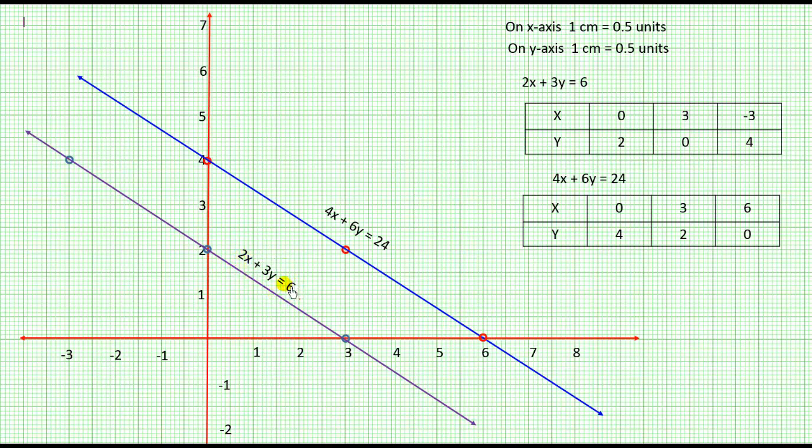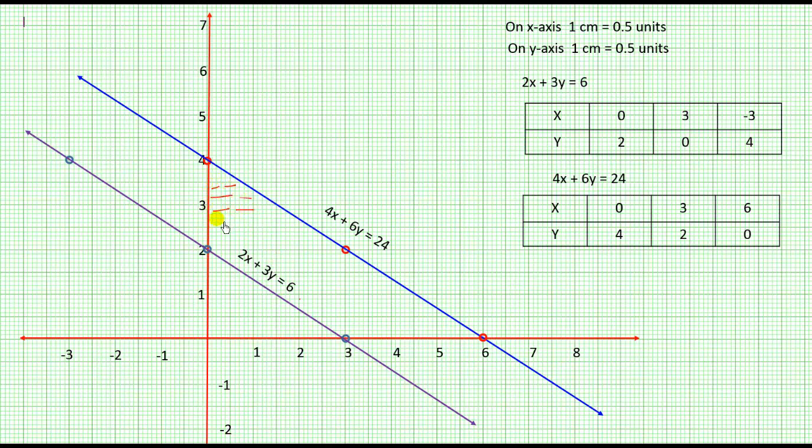Now we have to shade the region enclosed by these 2 lines and the axes, that is x-axis and y-axis. So these are the 2 lines, this is the y-axis and this is the x-axis, and the area enclosed by these 2 lines and the axes is this much, and we have to shade this region.